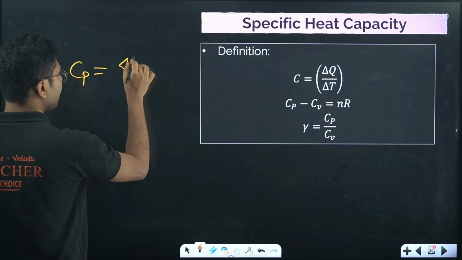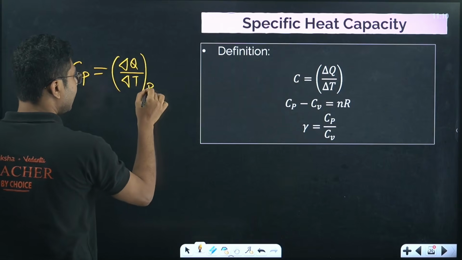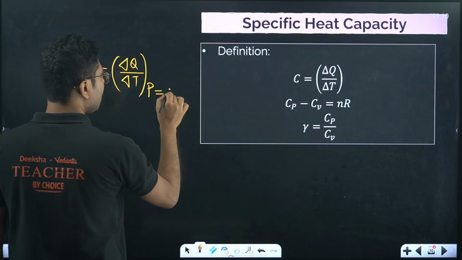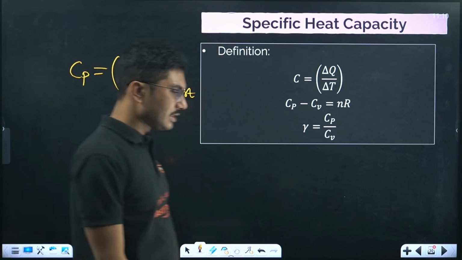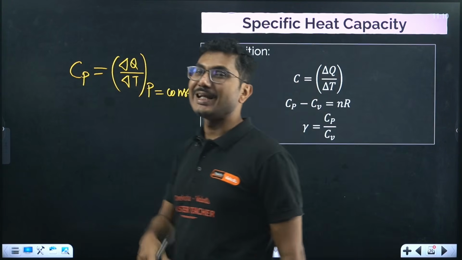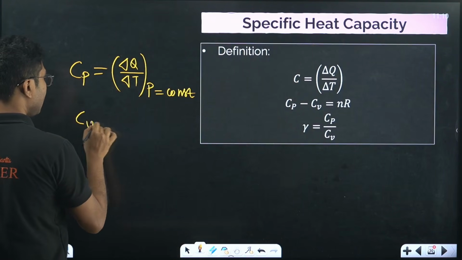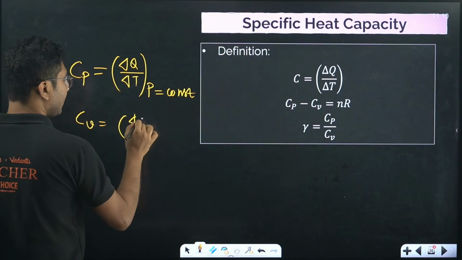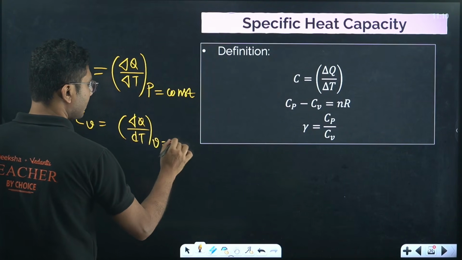The heat you supplied divided by the corresponding increase in temperature, where P is constant. Many of you have trouble understanding the meaning of Cp, Cv. Whenever a suffix is written, that means that quantity is constant. And what is Cv? Cv is delta Q by delta T, where volume is constant.